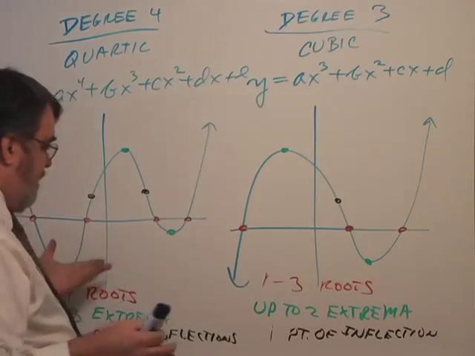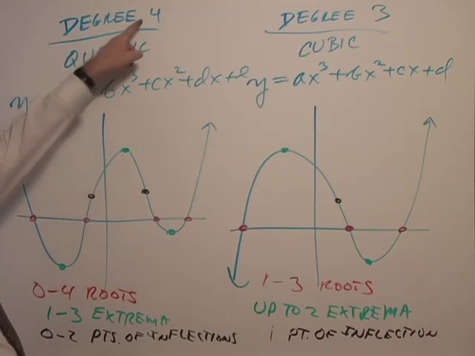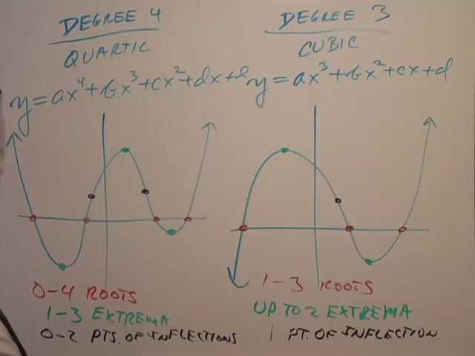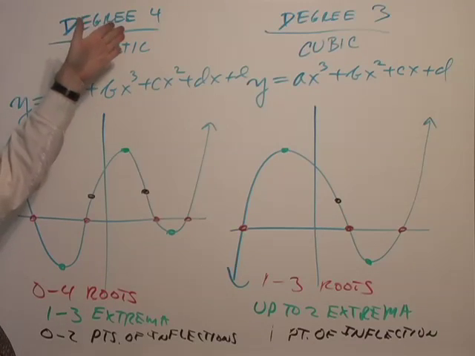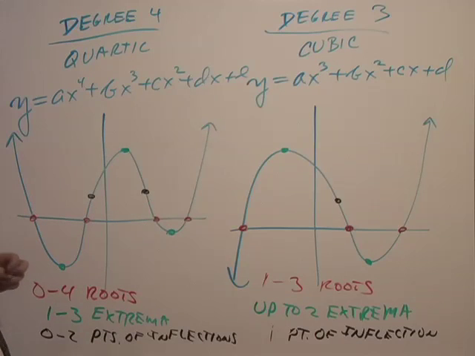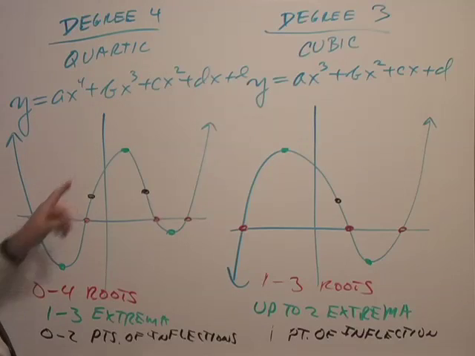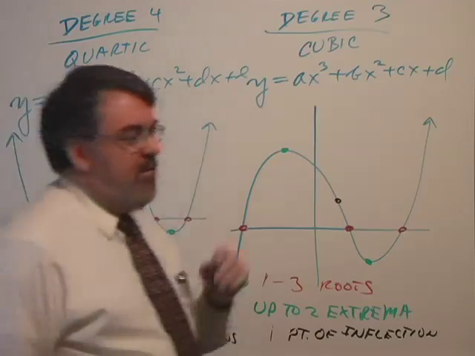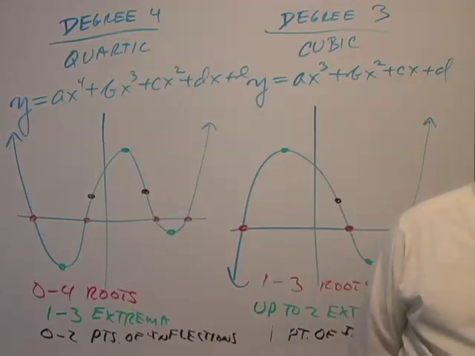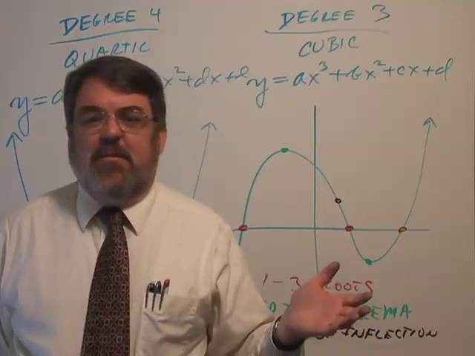It could have actually 0 points of inflection. I think what you're probably starting to notice is that the number of roots equals the degree. The number of extrema can be 1 less than the degree, and the number of inflection points can be 2 less than the degree. Is there something else here that would be 3 less than the degree? There is a unique point associated with the quartic that fits this pattern sort of, except I don't know what to do with it or what it would describe.